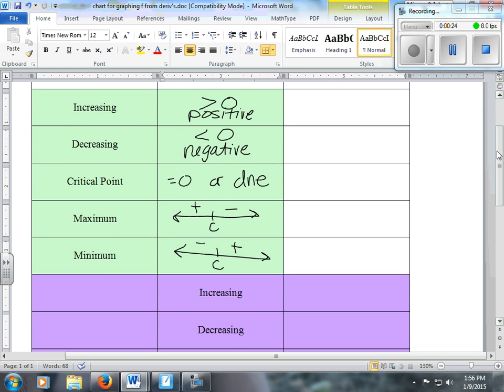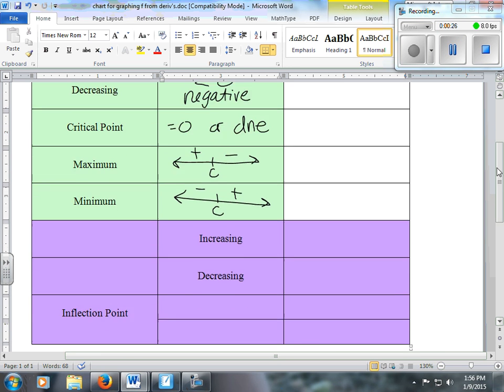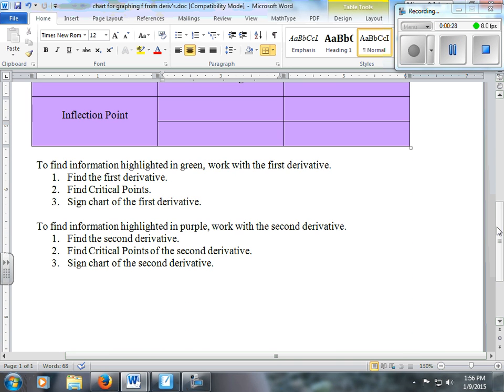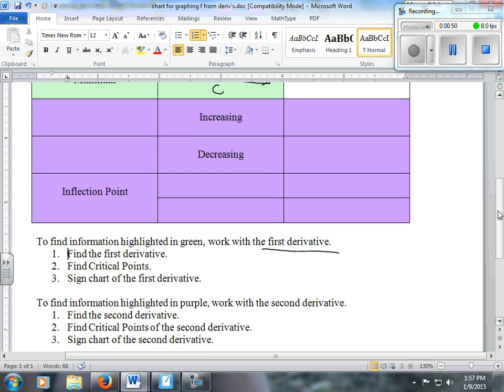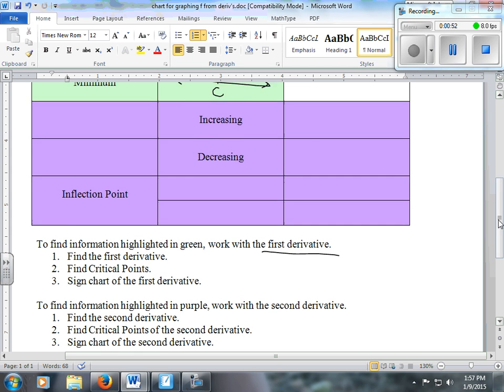Last time we filled out the information in the green, which is where f is increasing, decreasing, has local maxes and local mins and critical points. To find that, you worked with the first derivative, and the directions for what to do were there. Today, we are going to be working in the purple section with the second derivative.